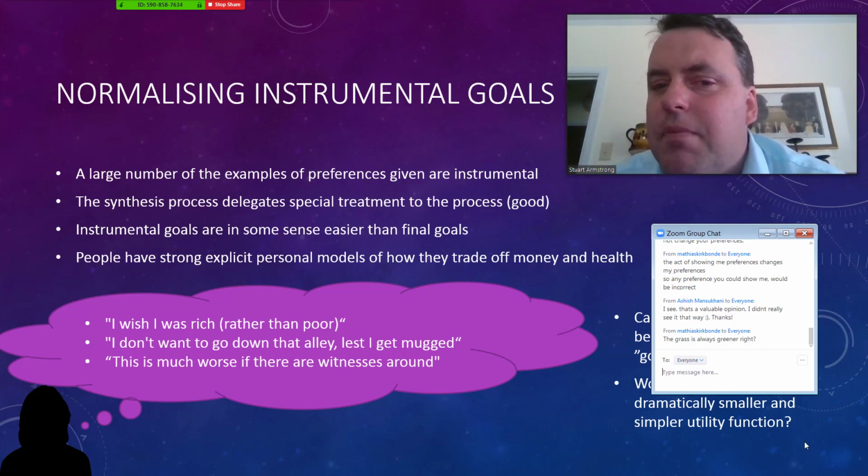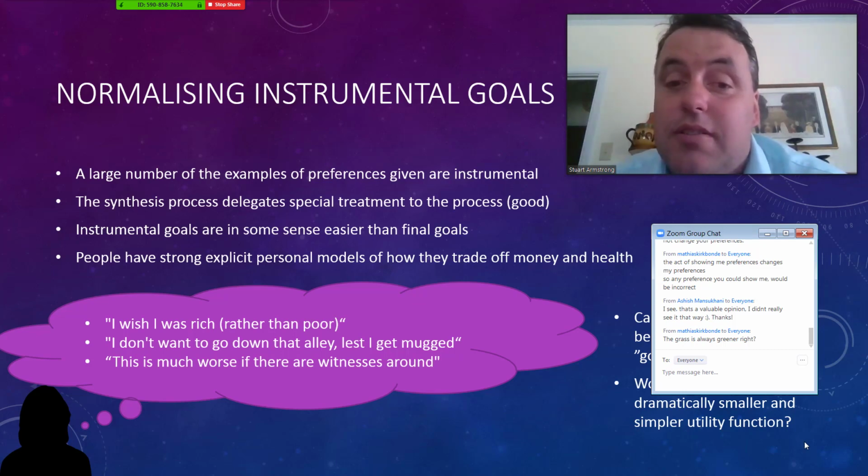Right. The aim of the synthesis process is so that all this can be done automatically. But yeah, pretty much the grass is always greener is a way of saying that. It's basically the answer that I gave to the previous question.